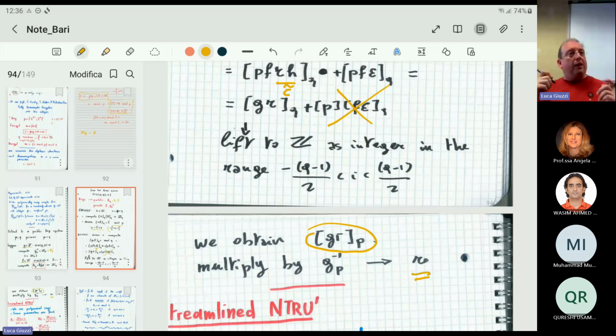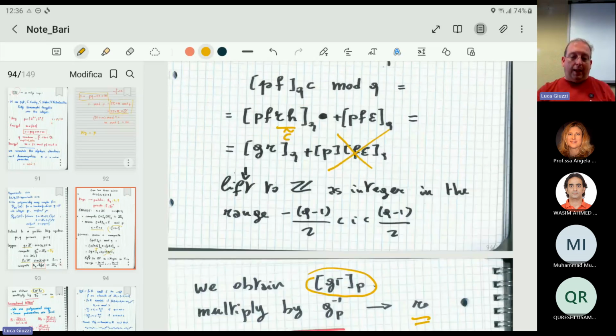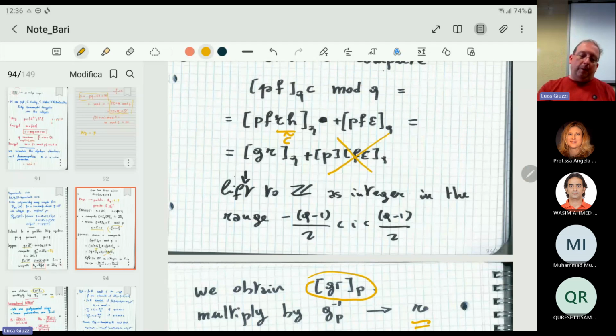Or, well, the fact that all of this mess works, because this is quite a mess, and I agree with you if you think that this is quite messy, is that we have to be very, very careful on how we choose our numbers. We have to be careful that this lifting, this is where things might go amiss, from working modulus Q to working over the integers and then getting down and working modulus P is correct.